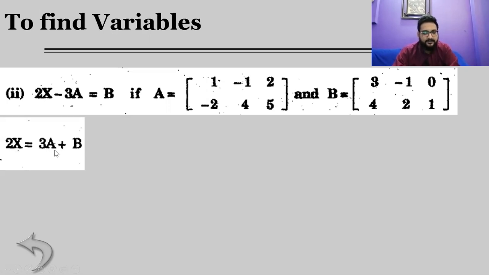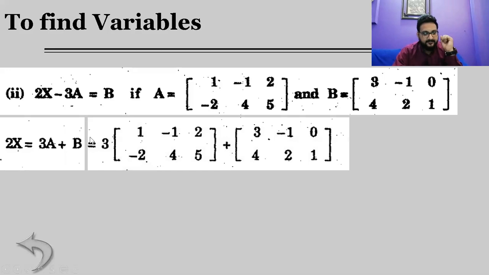So 3A plus B. So we have 2 matrices of the same order. If the order is the same, we can add or subtract them, but if the order is not the same, you cannot calculate by addition or subtraction. Okay, so we have this there.